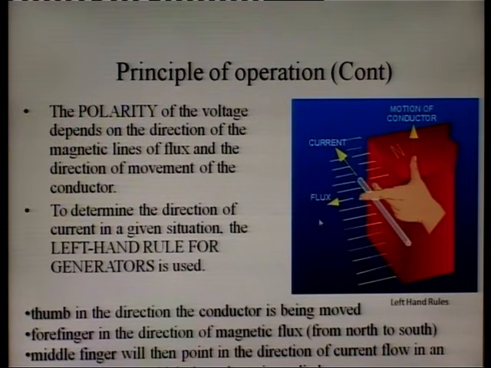According to this rule, if you stretch the left hand so that the thumb represents the direction the conductor is being moved and the forefinger represents the direction of magnetic flux, then the middle finger will point in the direction of current flow in an external circuit to which a voltage is applied.